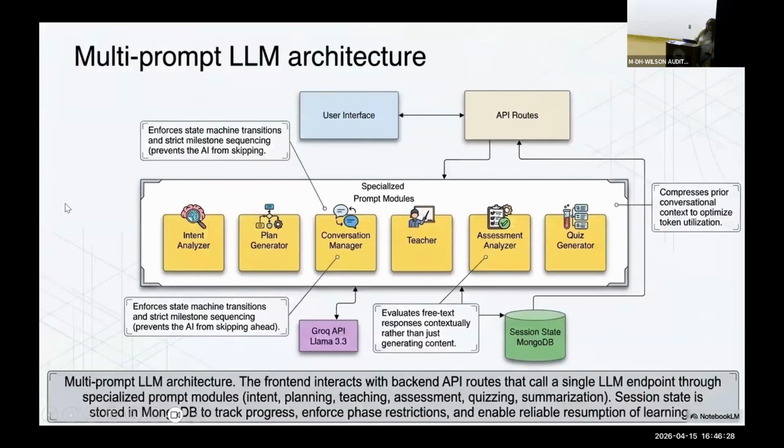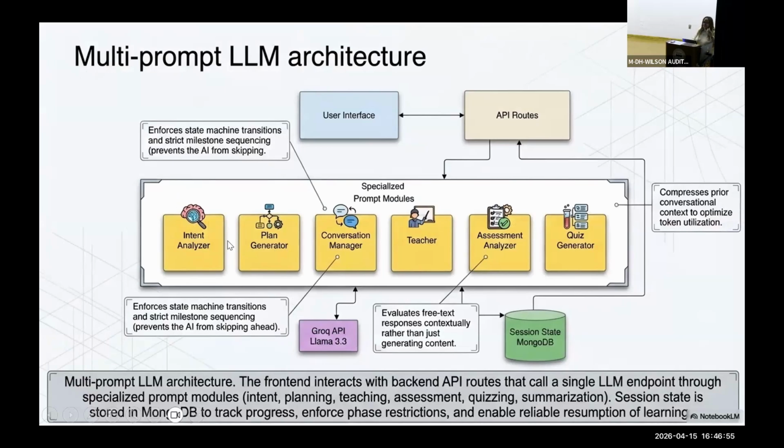Okay, so on the back end, the way this is created currently, it's just a multi-prompt LLM architecture for now. So we have different aspects, different modules on the back end that we make calls to, using the Groq API, and we run the Llama 3.3 LLM.